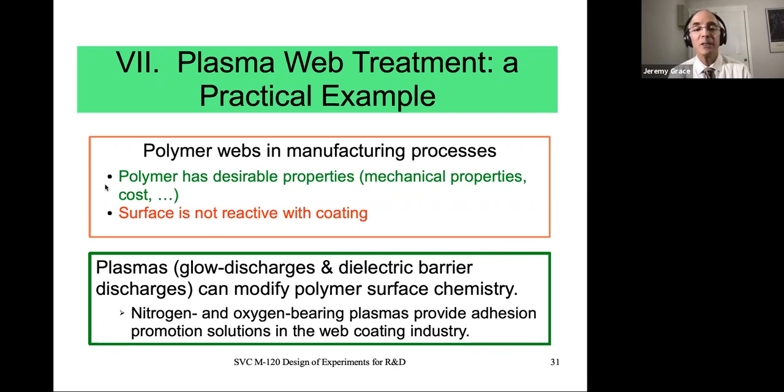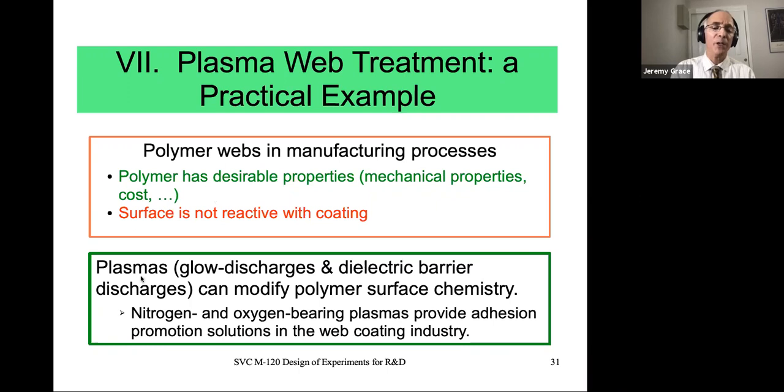So the polymer has desirable properties, typically mechanical properties, cost, other things. And the price you pay for gaining those benefits is that the surface is generally not reactive with the coating or the finishing process you're going to do to create your product.